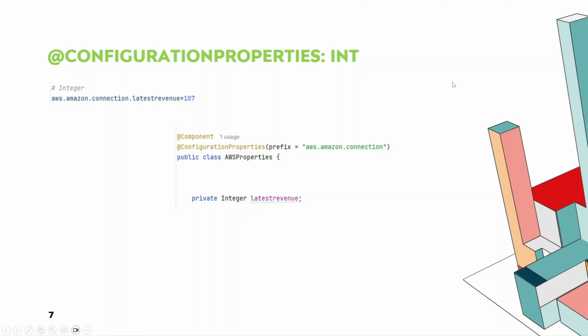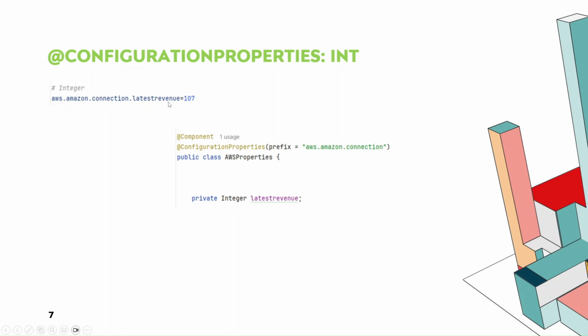In this page, I'm using only one entry in the application properties, AWS Amazon connection latest revenue. So I'm mapping this particular key into this variable, private integer latestRevenue.